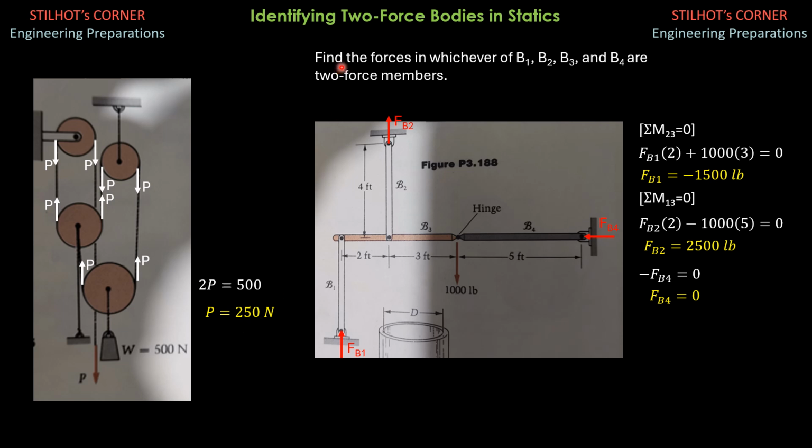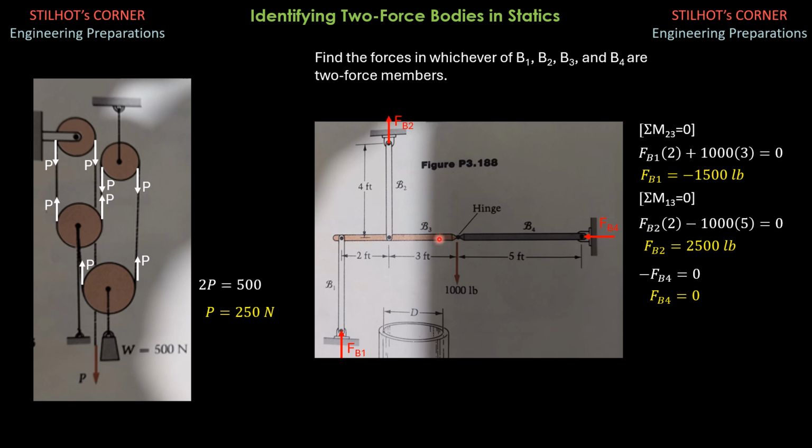Then, for this last problem here, find the forces in whichever of B1, B2, B3, and B4 are two-force members or two-force bodies. So B1 is a two-force body, obviously. B2 is also a two-force body. B3 is not a two-force body because in between the ends of B3 we have this load, which is the force on B2.